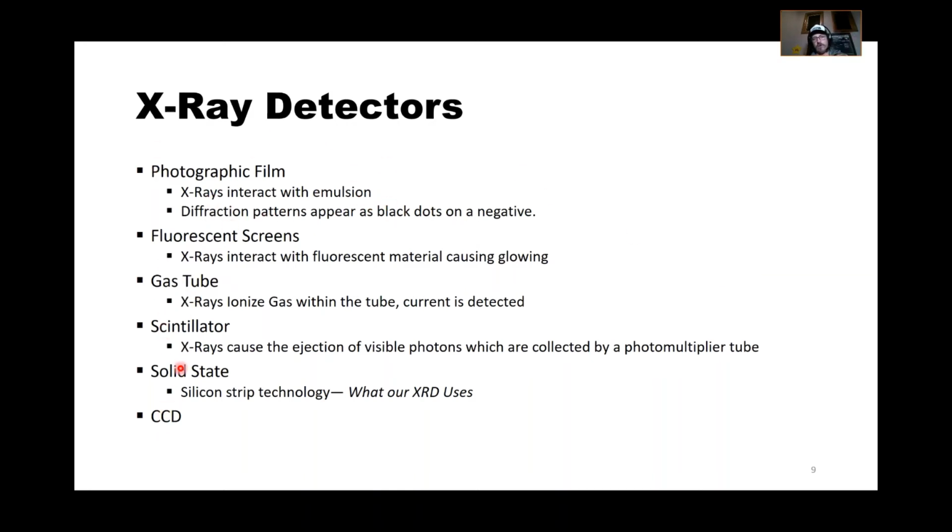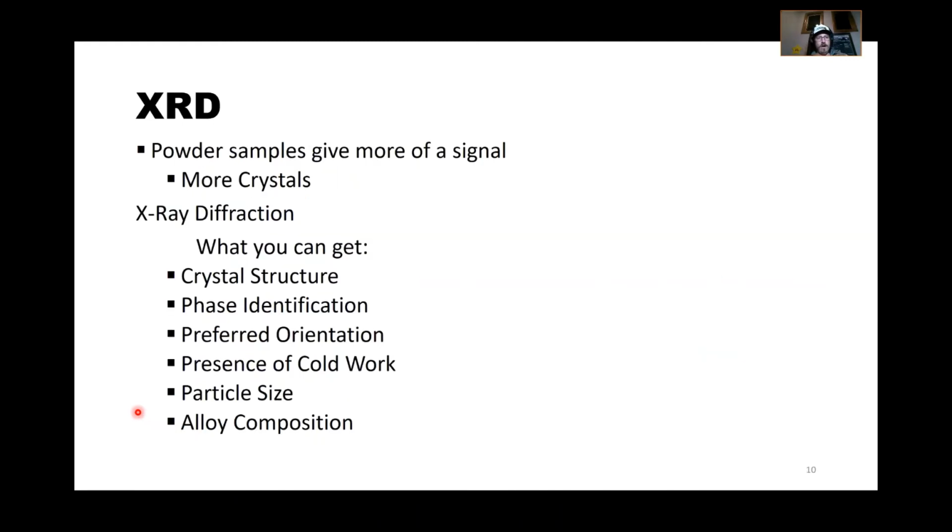And so single crystal X-ray diffractometers are definitely spot pattern instruments. They're not spectroscopy instruments. But anything using a gas tube scintillator, solid state technology, or a CCD is using spectroscopy. Sorry.